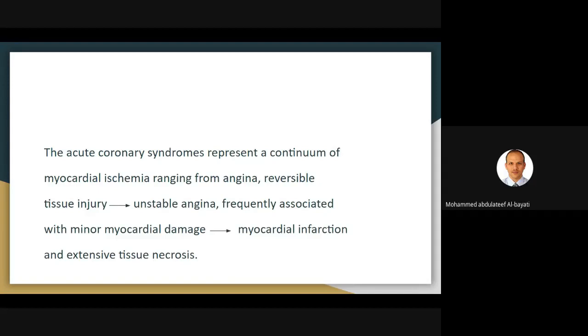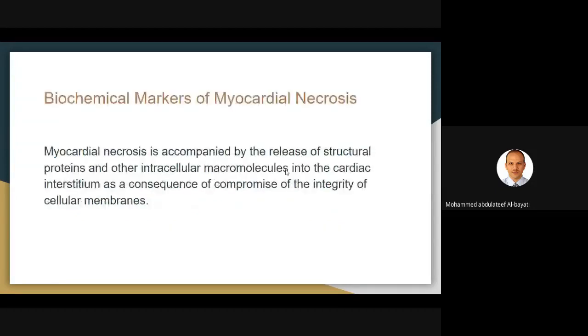They range from stable angina, myocardial ischemia with reversible tissue injury, to unstable angina, which is frequently associated with myocardial damage, to frank myocardial infarction and extensive tissue necrosis.